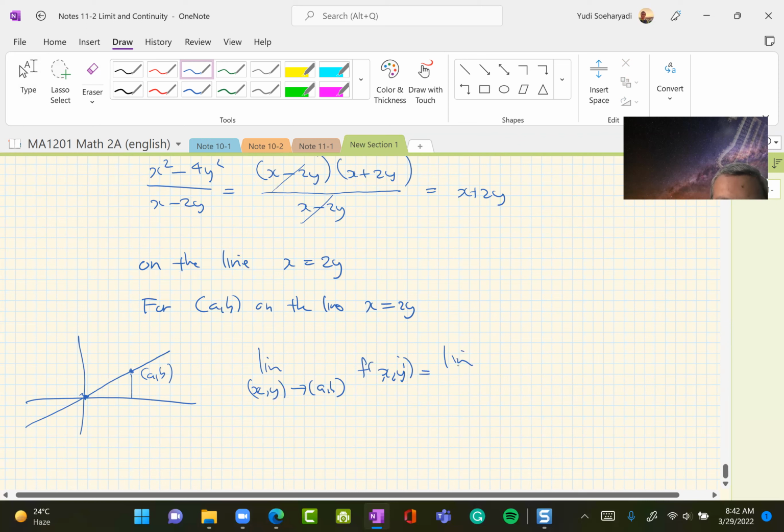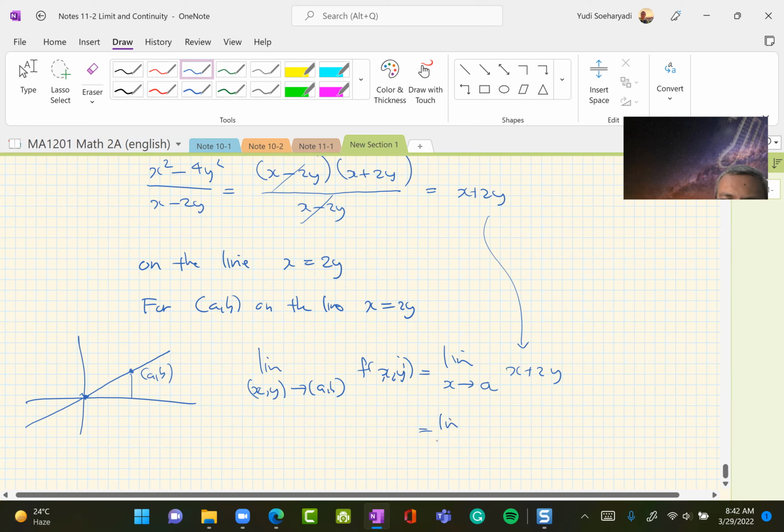So this is actually simplifying the limit just in terms of x. x equals a on this line, after factorization.